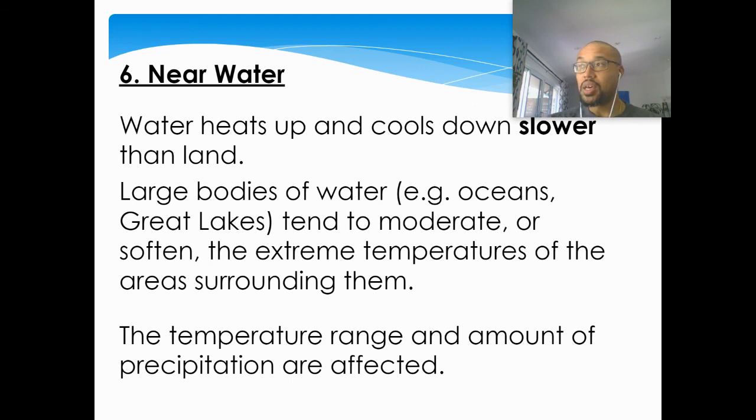So what happens is, as long as the lakes are still open, not frozen over, that lake, remember, it takes a lot of energy to heat up. They heat up slowly, but they also cool down slowly. So that lake is warmer than the air above it. So it's actually going to give moisture, warm that air up a bit, take that moisture and send it whatever direction the wind is going.